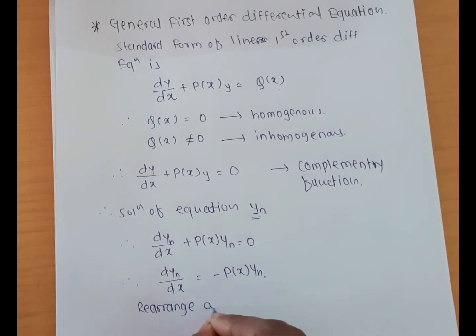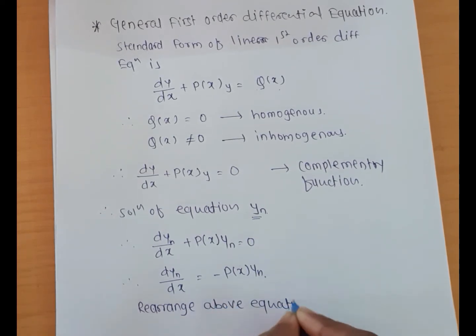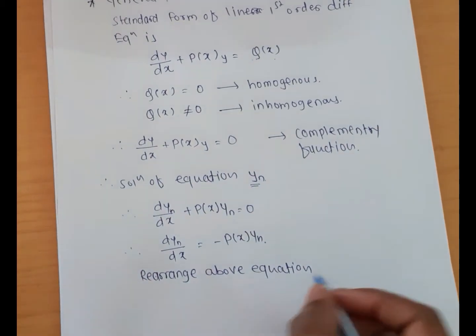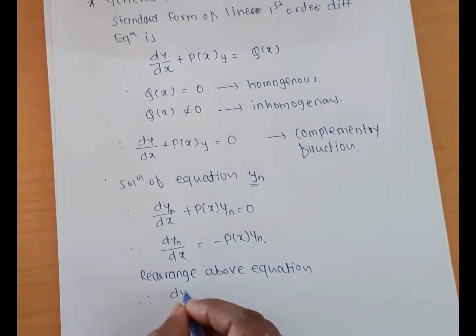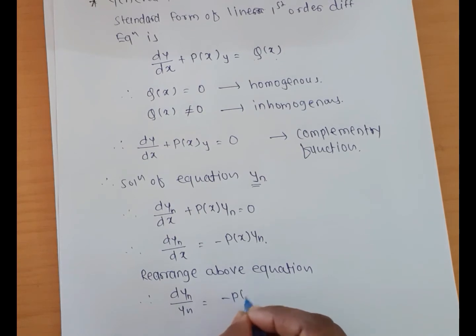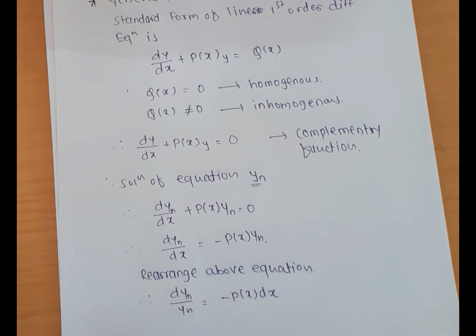So rearrange the above equation. We get dyn by yn is equal to minus p of x dx.